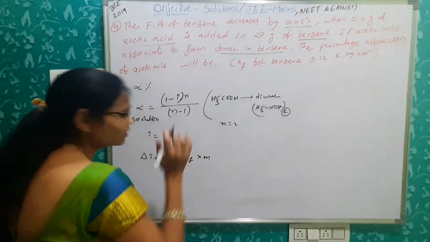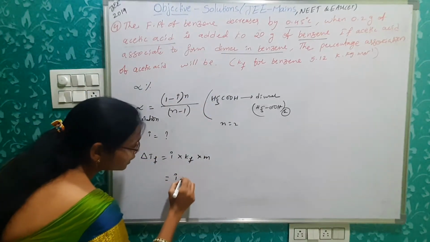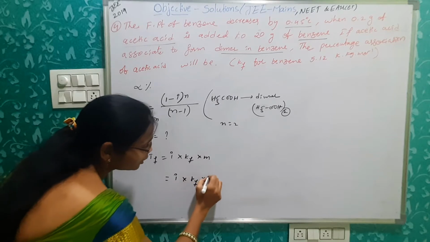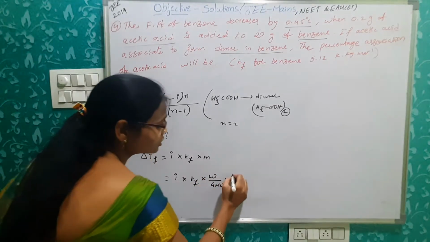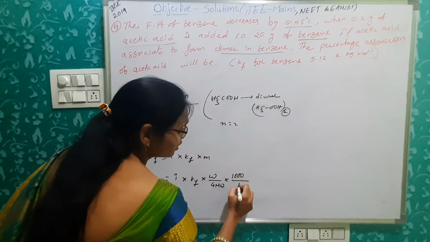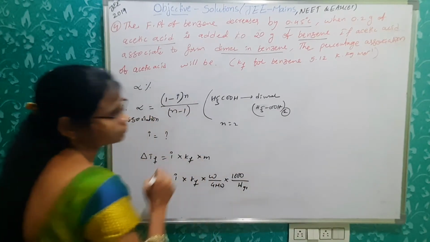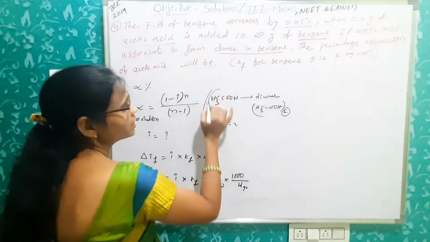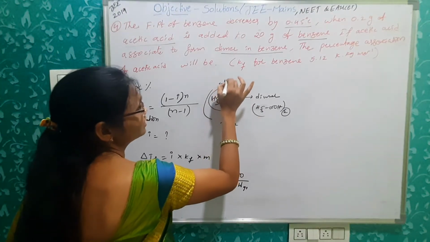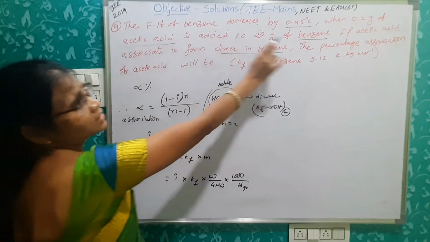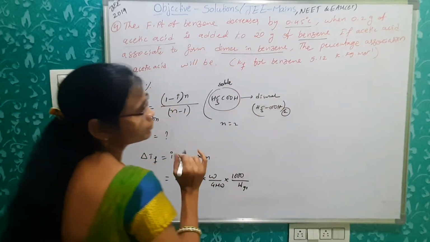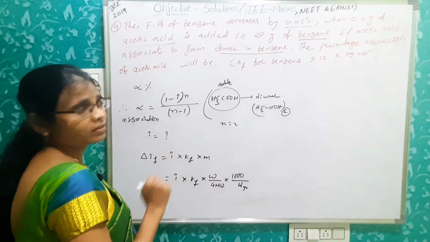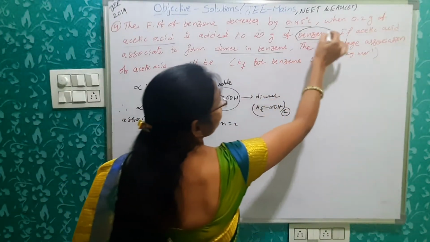But molality is not given directly. i into Kf into molality formula: weight of solute by gram molecular weight of that solute into 1000 by weight of solvent in grams. What is the solute here? Acetic acid. So simply, 0.2 grams of acetic acid is added to 20 grams of benzene. So benzene is the solvent here.